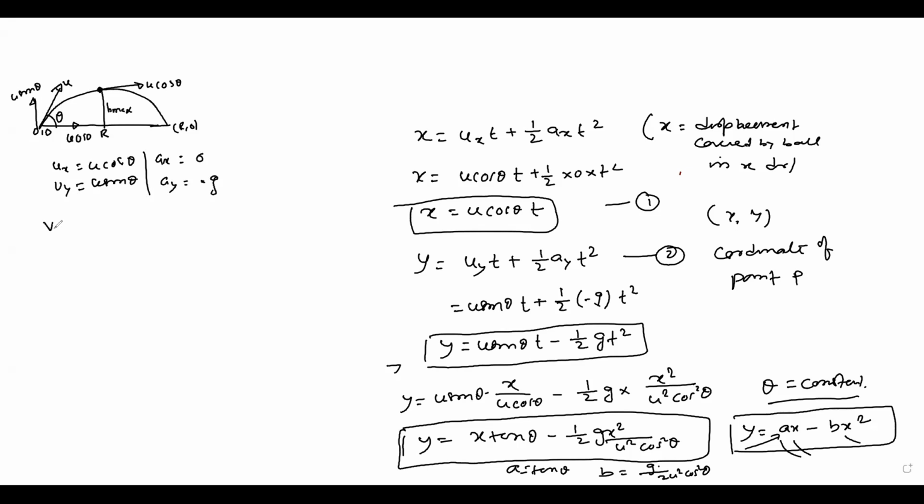So the final velocity in the y direction at any moment is vy equal to uy plus ayt. So vy equals u sin theta minus gt.